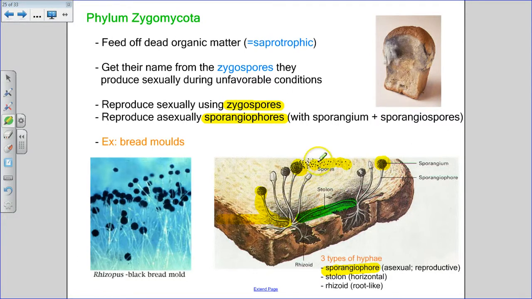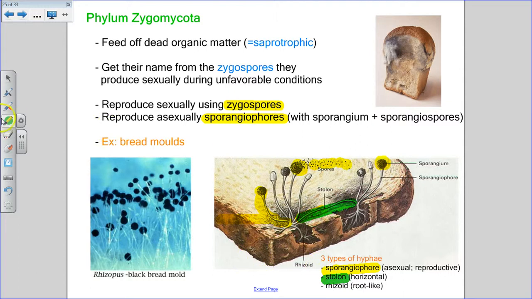So not only can it spread by spores falling or being blown by air currents across the substrate or to somewhere else. So maybe there's another hunk of bread in the bag, then it'll go to the other hunk of bread. But they'll also spread horizontally under the surface using a stolon. Okay, so that's the stolon.